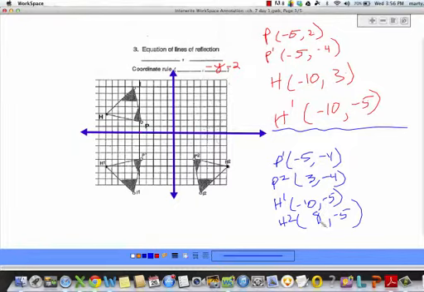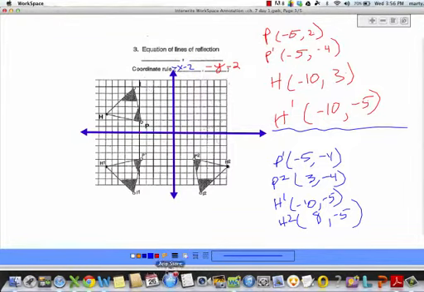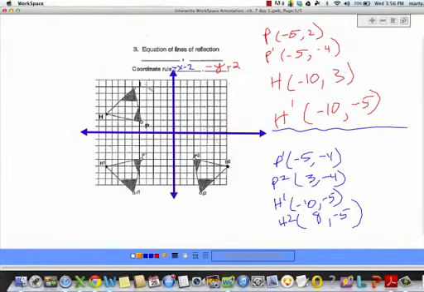Change the sign to 10, subtract 2 to get to 8. So this is going to be -x minus 2. So what we're seeing here, the coordinate rule that will get us from this original HIP triangle to this HIP triangle, we're going to do two things.